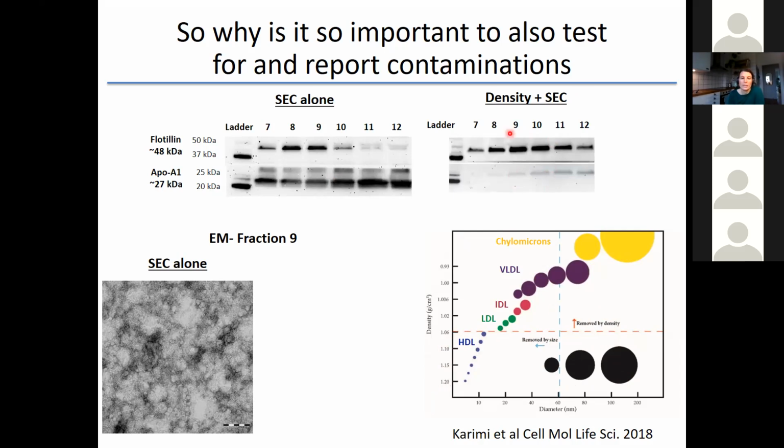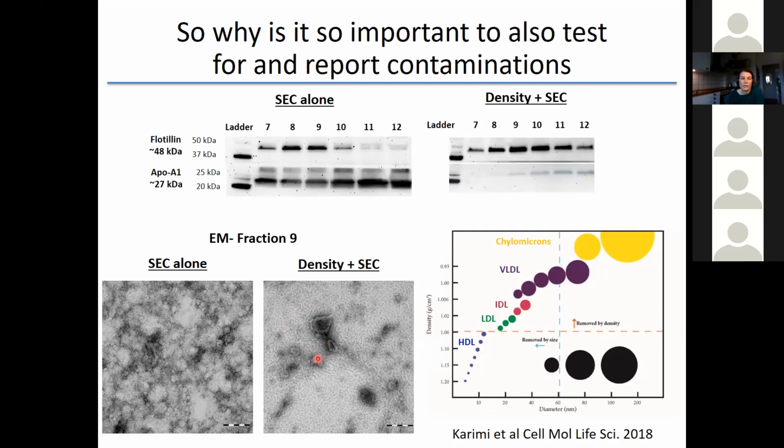And now you can see that we have a lot of flotillin, so a lot of EV markers, and we have almost been able to eliminate the contaminating lipoprotein particles, so yay. And now when we look at the EM pictures, you can see that we have our vesicles here and we have a much cleaner background than this. So for some studies, this is crucial, to also look at what other things you have to really understand your sample.